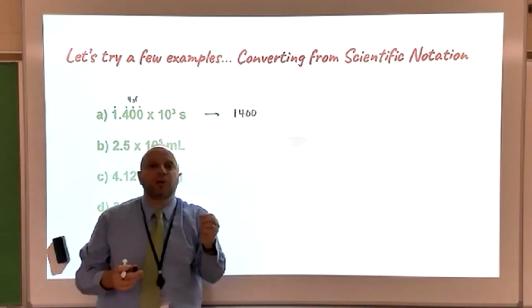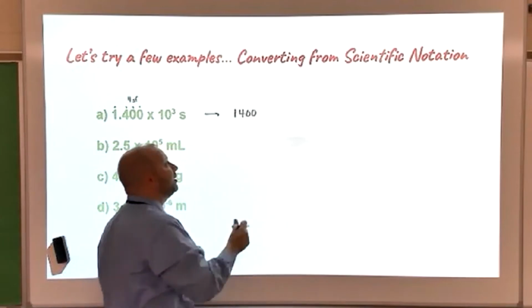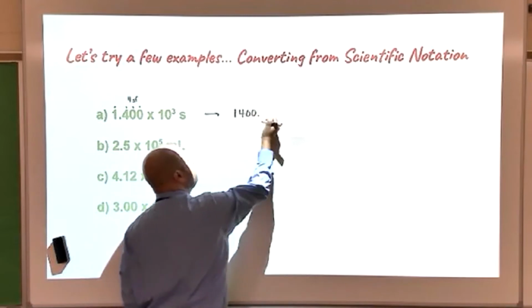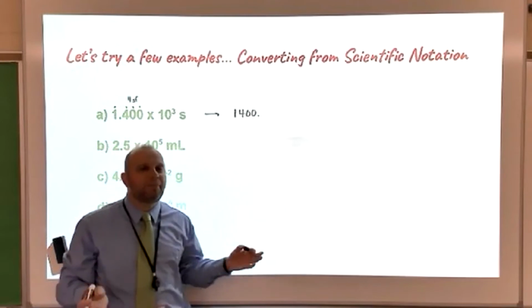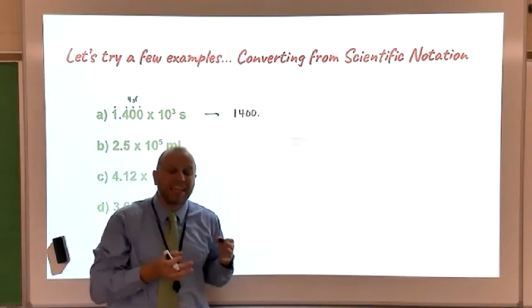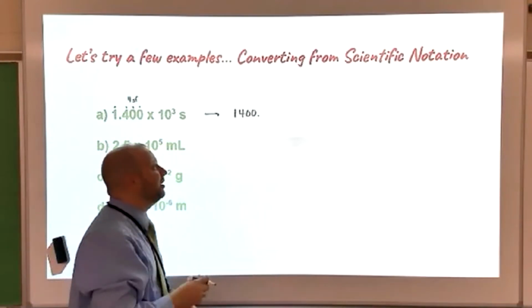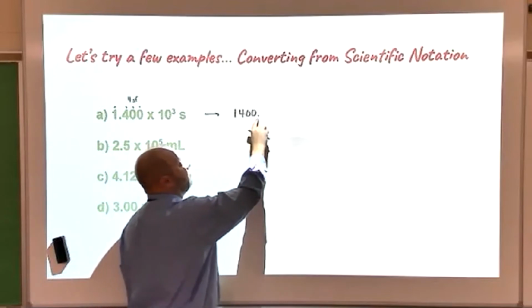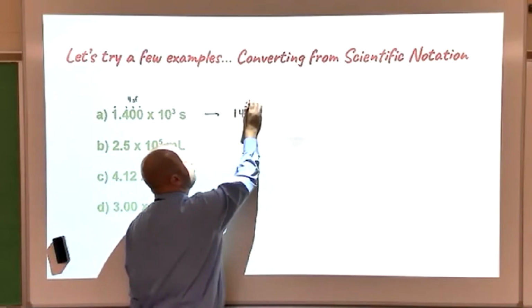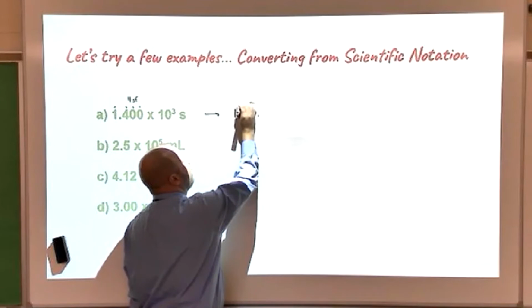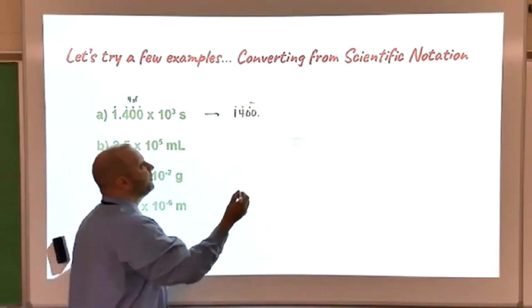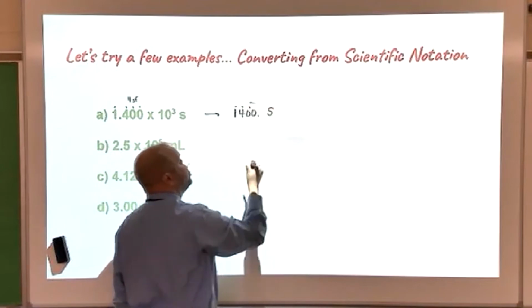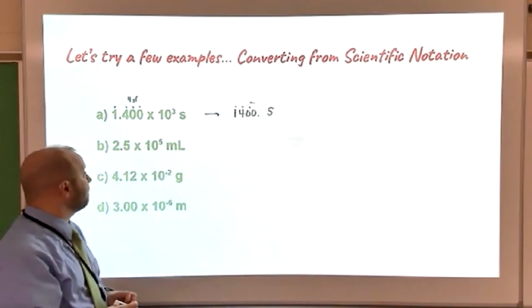So what we have to do in order to get 4 significant figures is place that decimal point here. And I know some of you might think, well, that's not really important. But it is when we're trying to maintain significant figures. By putting that decimal point here, we now count in this direction, and we wind up with 4 significant figures, just like we had over here. Now we could add on our unit of seconds.